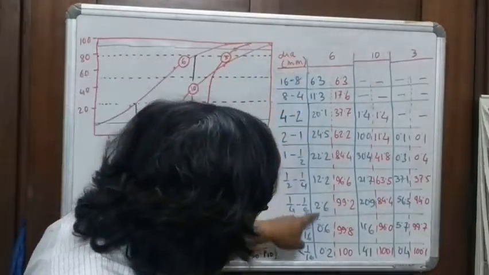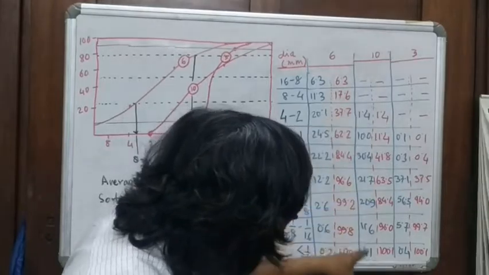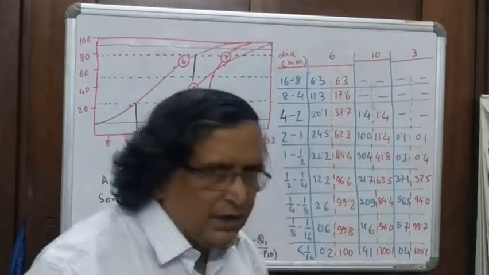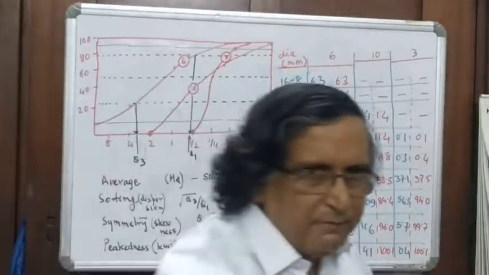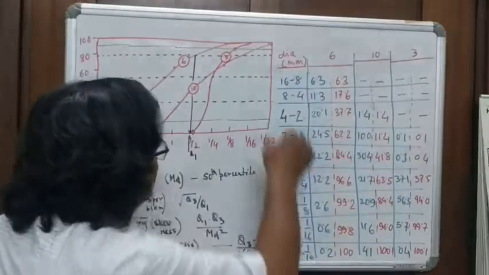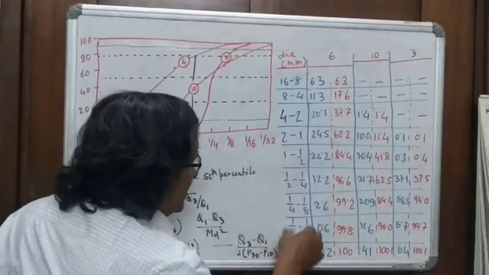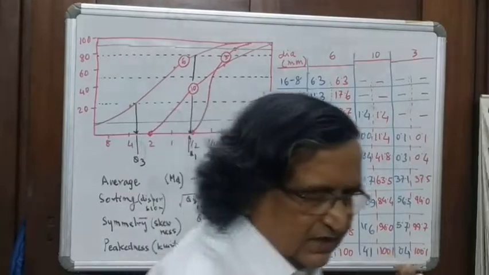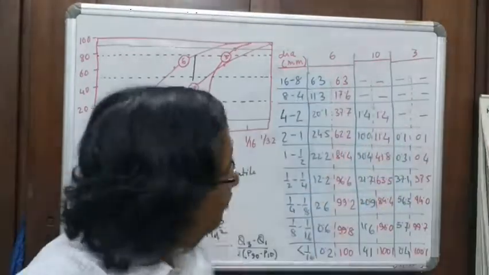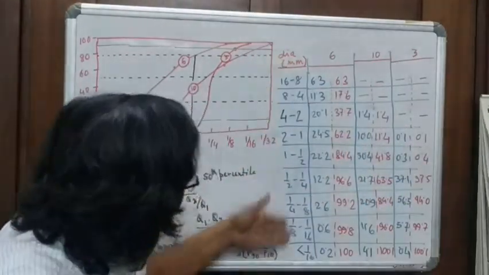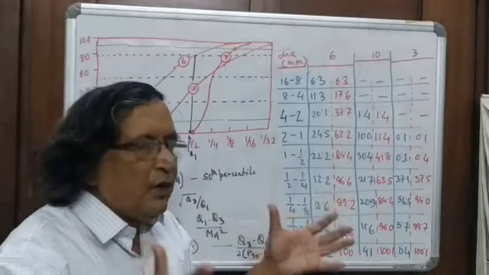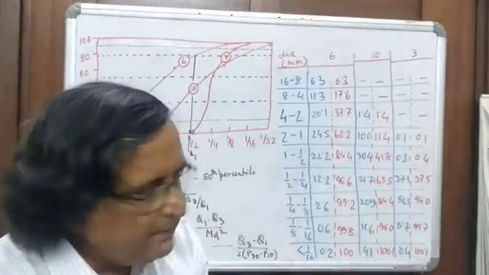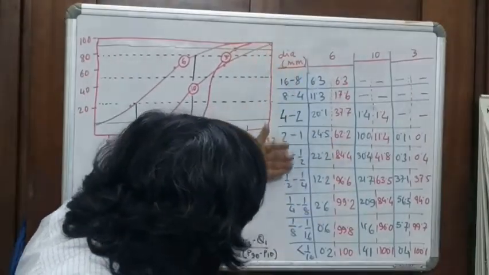The blue numbers here that I have written for you, the actual numbers will become important later. But first, the first column gives you the size range over which the sediment was sieved, and the collected sediment was, say, according to the size range.